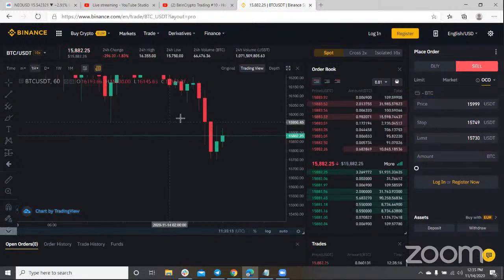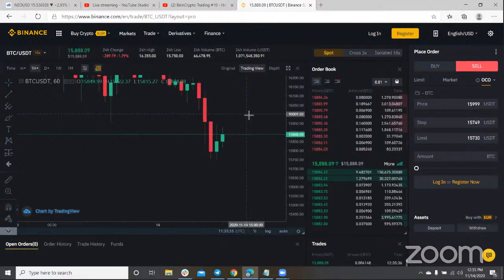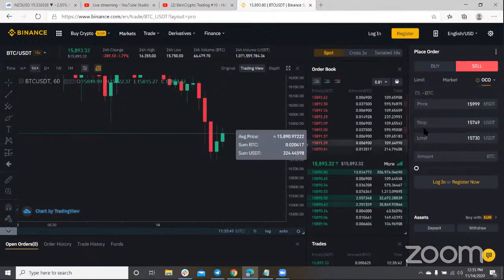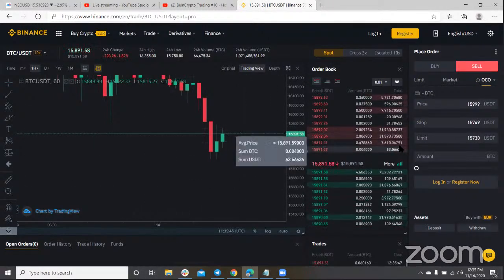So if I do this, then the price will either do a stop loss order once the stop is triggered, so right below here. Or alternatively, if the price increases and goes to 59.99, it will sell there. So basically, it's either one or the other. I think what OCO stands for is one cancels the other. Yeah, it's one cancels the other. So either stop loss or a normal sell.